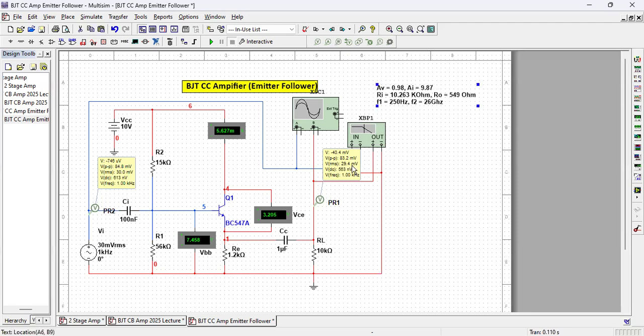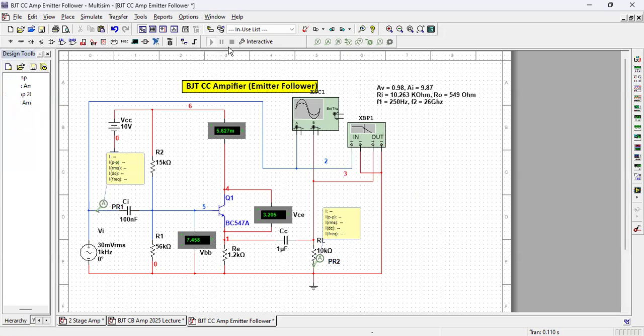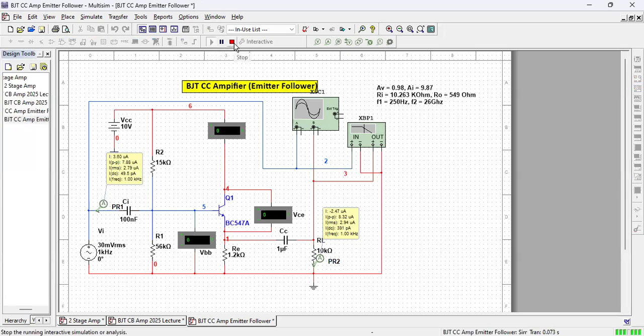Right? We can see the current gain. Remove the voltmeters, put in current meters. Put a current meter on the load, or you can put the current meter here also. Output current is 8.32 microampere and input current is 7.88.